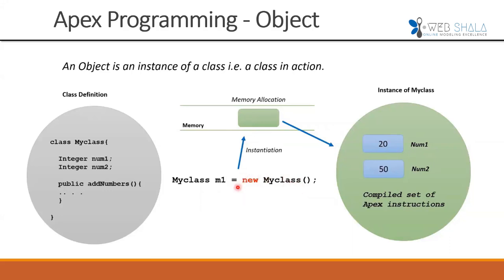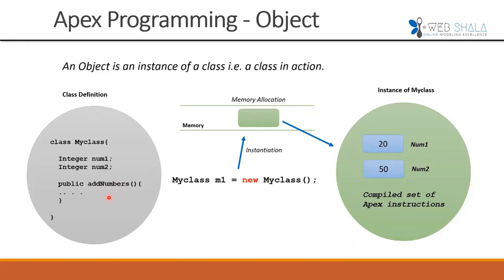the new keyword basically allocates some memory. This is my memory. Whenever I write the new keyword, it allocates some memory for me in my heap, in the memory of my CPU. Inside that memory, I will be able to do the addition.